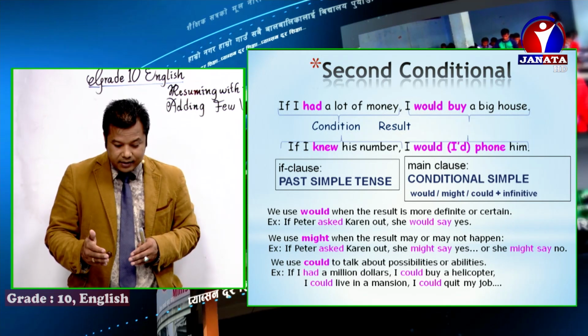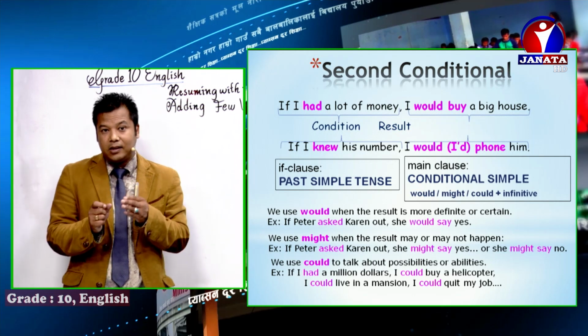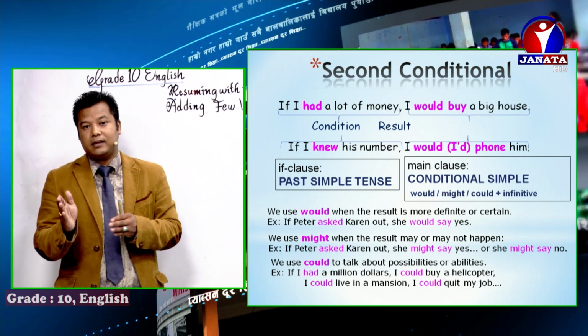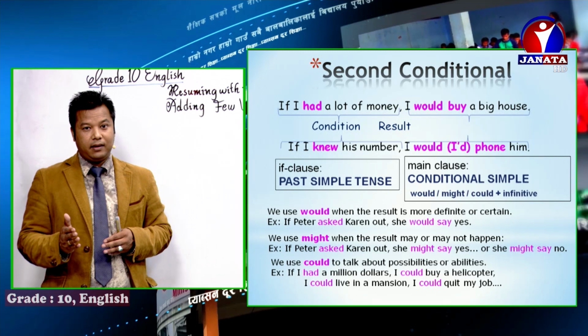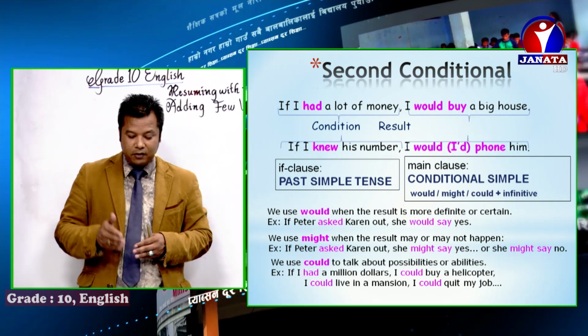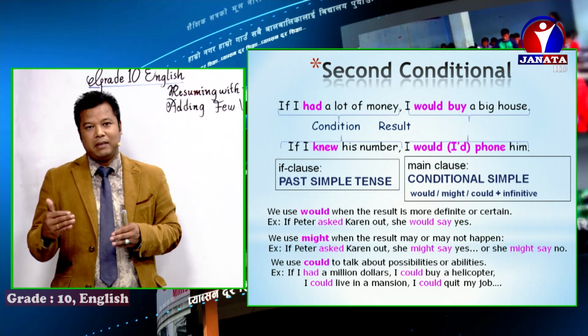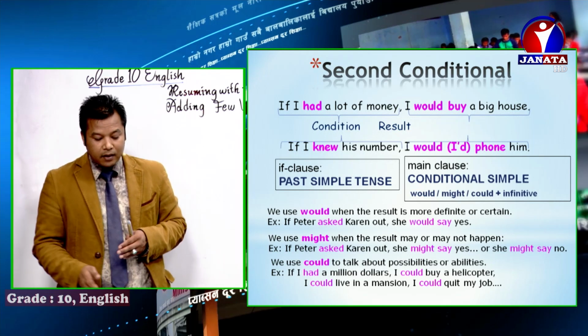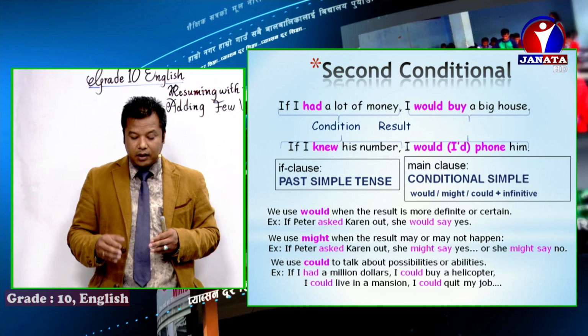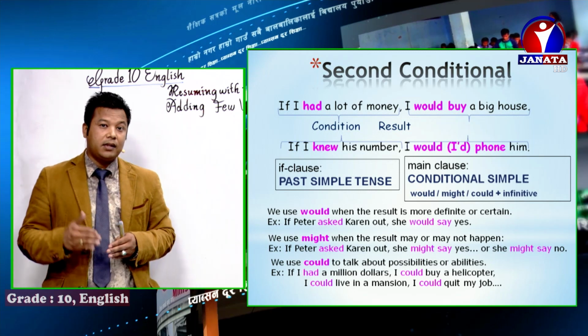You use might when you consider the result to have 50% chance of happening as well as not happening. That's why there is an example: if Peter asks Karen out, she might say yes, which means she might say no as well. If we go with the third example, could is used to talk about possibilities of the result.